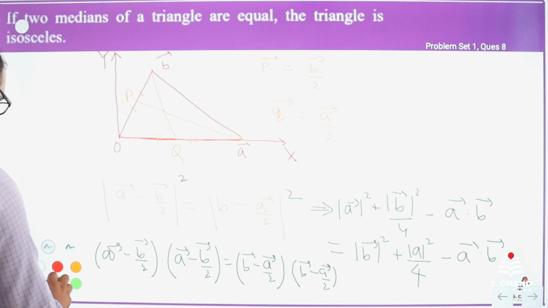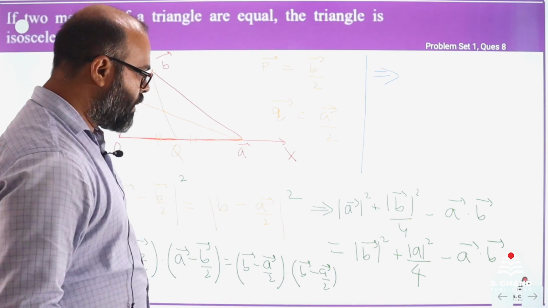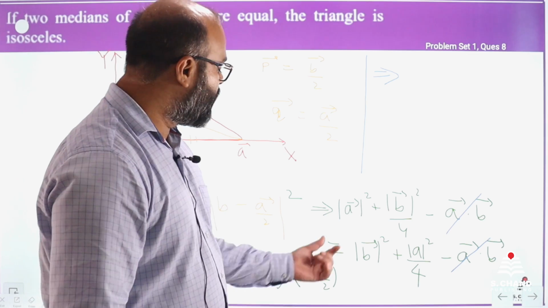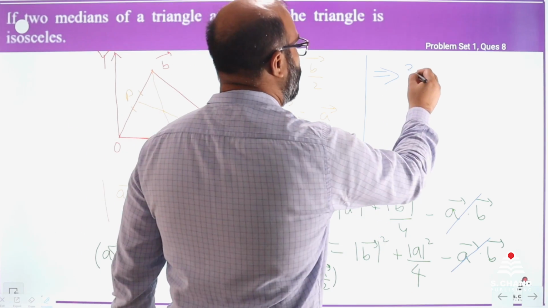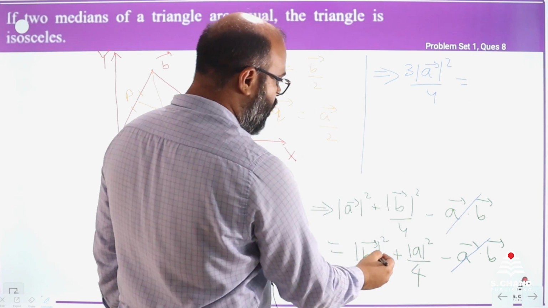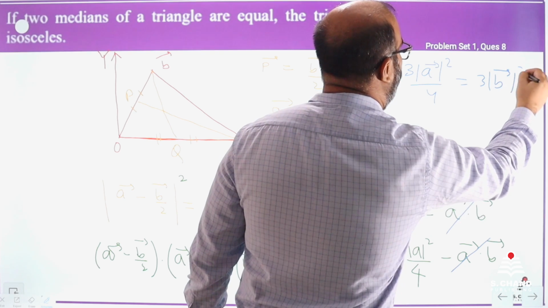Now after doing it like this, the next step, minus a dot b and minus a dot b will get cancelled. Mod of a square minus mod of a square by 4 will become 3 mod of a square by 4. And here it will be mod of b square minus mod of b square by 4 will be 3 mod of b square by 4.